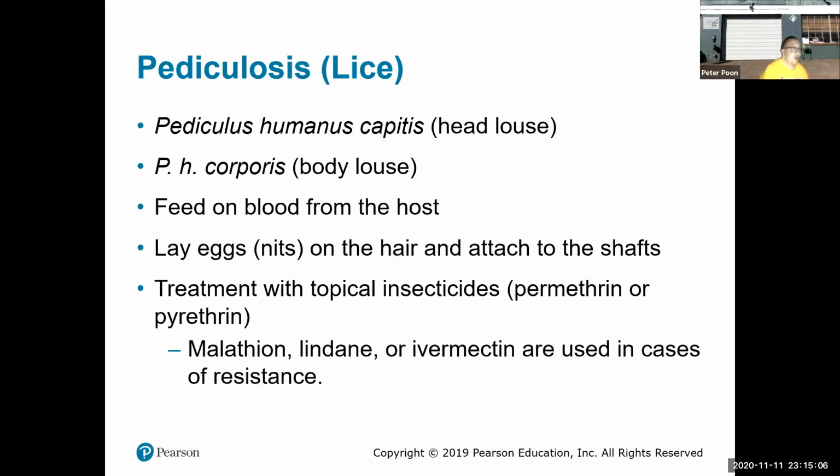All right. So, interesting story time. Lice. There are two types of lice. Pediculus humanus capitis, the head louse, and Pthirus pubis, the pubic louse.